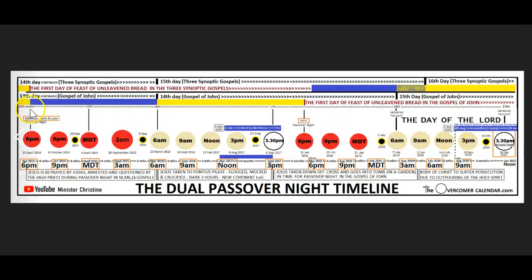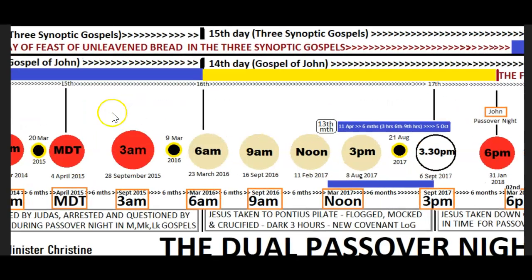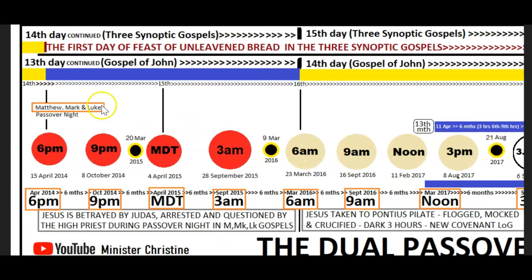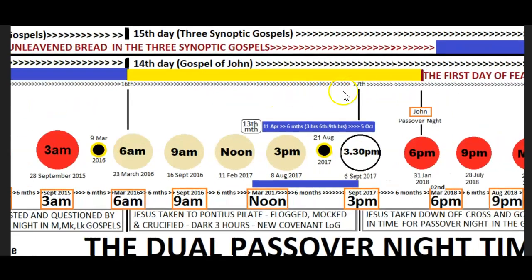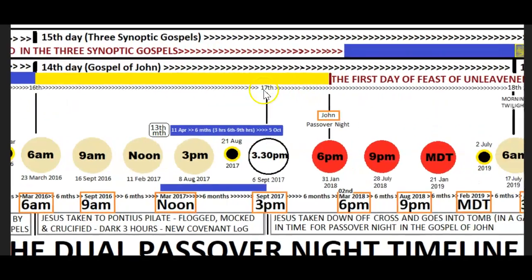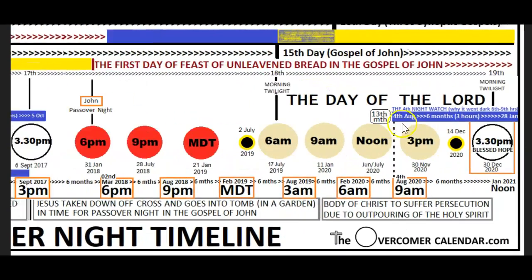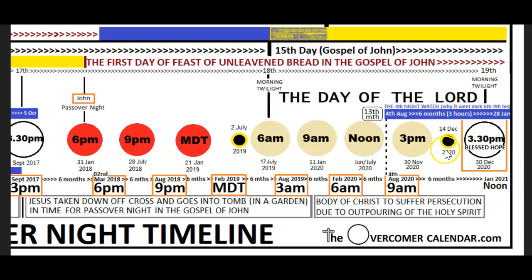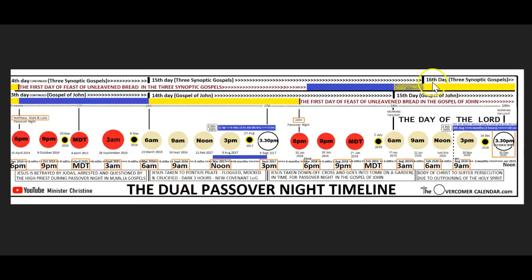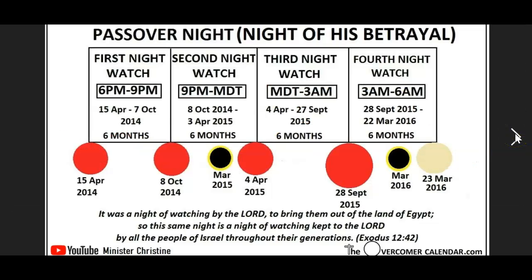So that's why the day transfers within the timeline of the 2 first days of the Feast of Unleavened Bread. So entering into the 9th hour as of the 30th of November is quite significant. And then I would say the 14th to the 15th of December is really the next high watch date.